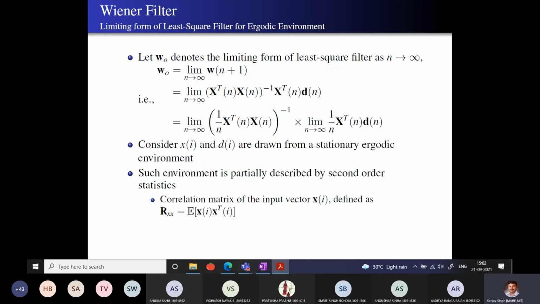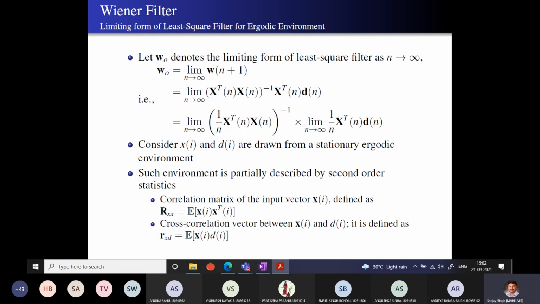So for the second order statistics, you find the correlation matrix of the input vector, which is defined as x_i x_i^T, not x_i^T x_i. If you take just one vector, then x^T x is the inner product and a scalar value, but x x^T is a matrix, so it's basically a correlation. It is nothing but the outer product, not the inner product.